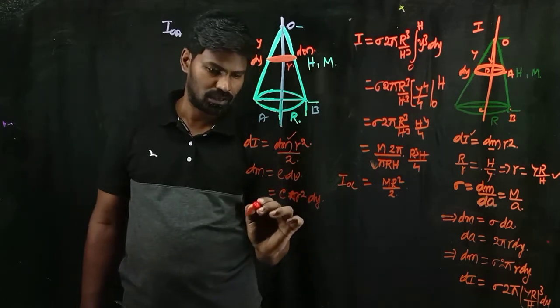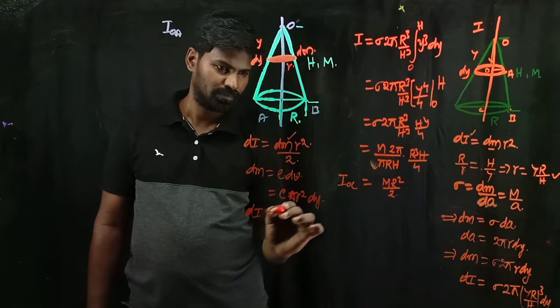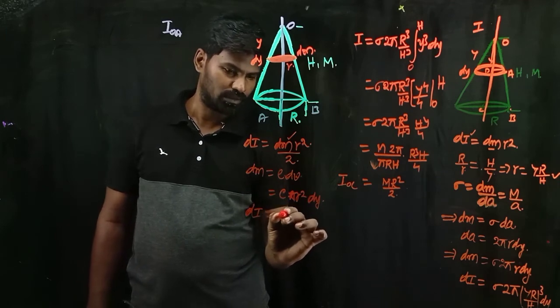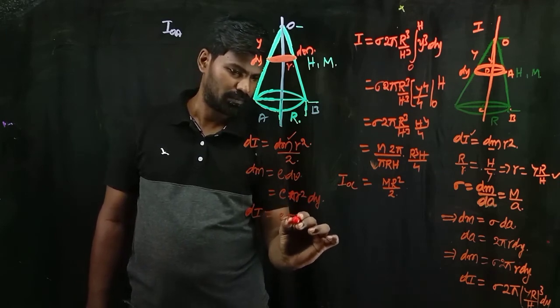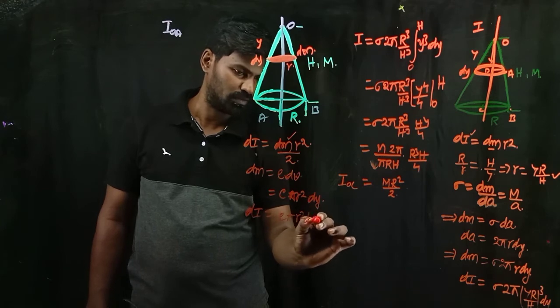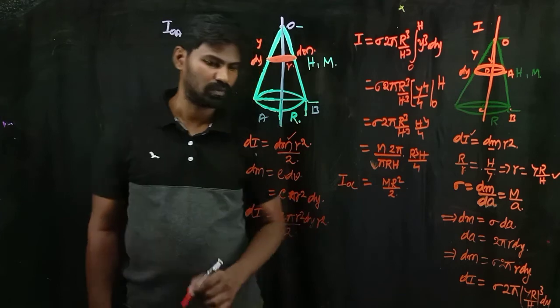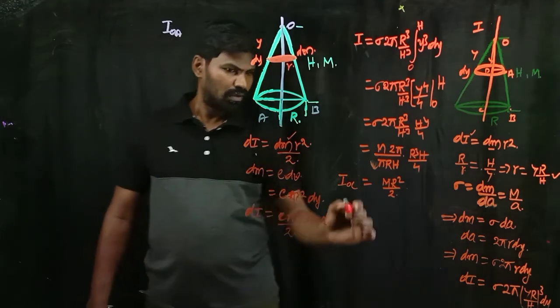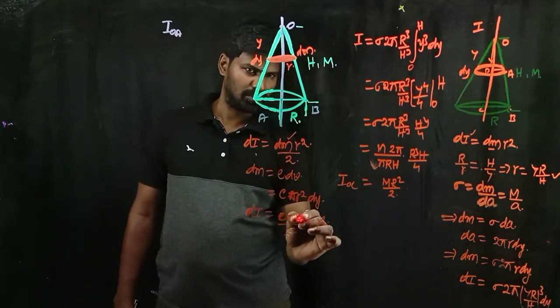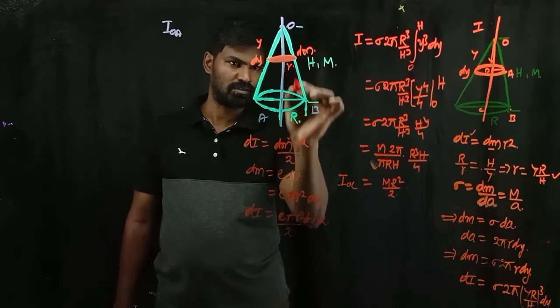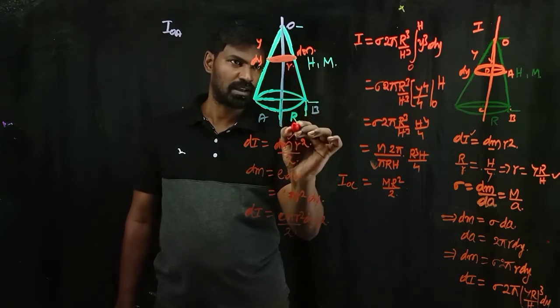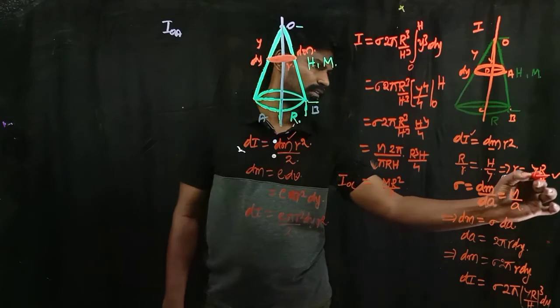Through this, dI is equal to what I can write? dm, and dm is how much? Rho pi r square dy into r square divided by 2. Now this r is something which I assumed, it is not there in the problem, so I should write this r in terms of capital R and capital H by using properties of similar triangles.